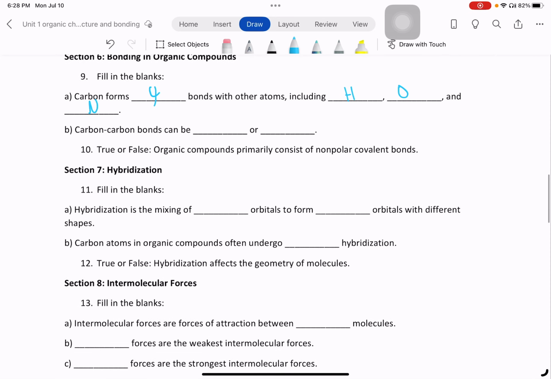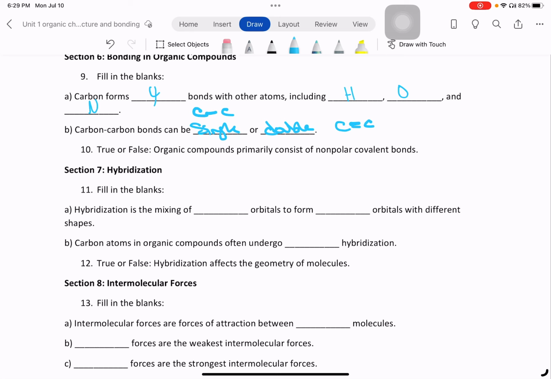Carbon-carbon bonds can be either single, so you can see a carbon bonded to carbon, or double, a carbon double bonded to carbon.